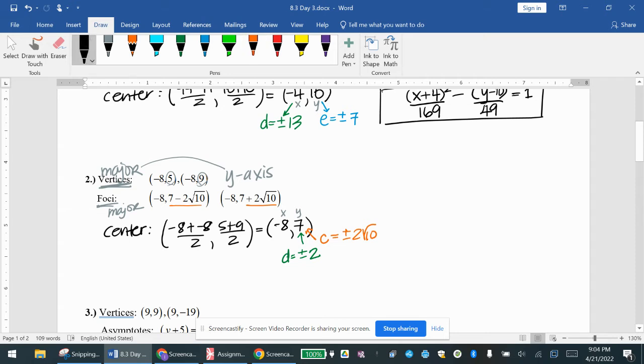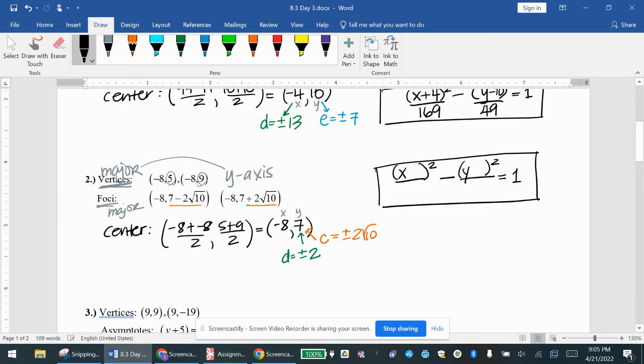So notice that for our equation, I don't want to mess this up again, so I'm going to put the minus first. We already know that the major axis is the y-axis. Oh my goodness, I'm a hot mess today. Remember that the major axis is written first, right?